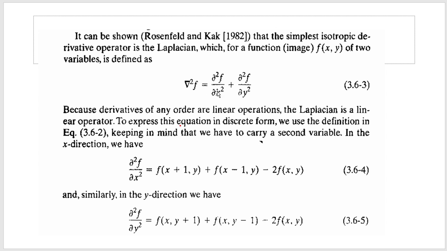Now you have to write individual equations, that is ∂²f/∂x². This is the second order equation of 1D, that is f(x+1,y) plus f(x-1,y) minus 2 f(x,y). Similarly, in the y direction, you'll keep the x value constant, and you'll replace y with y+1, y-1 and y.